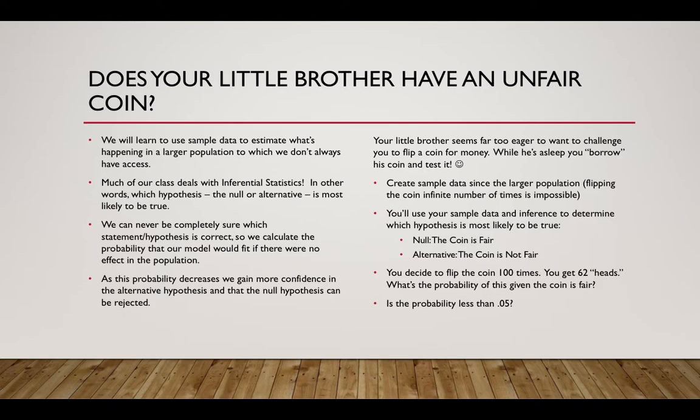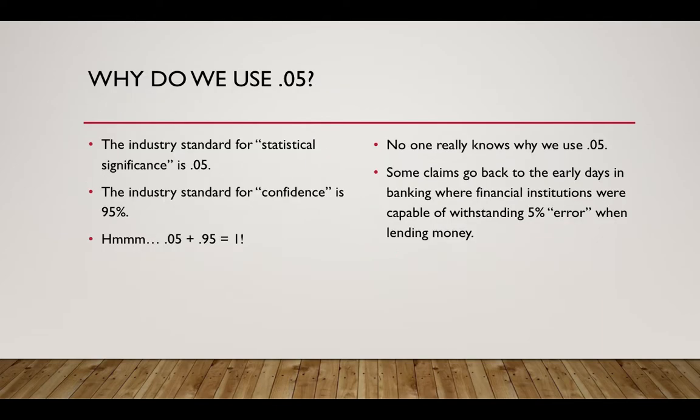Well, 0.05 is usually our threshold. So if it's less than 0.05, we would reject the statement the coin is fair, and we would conclude there's more support that the coin is not fair. If the probability is higher than 0.05, we still may not believe the null, but we don't have statistical evidence to reject the statement.